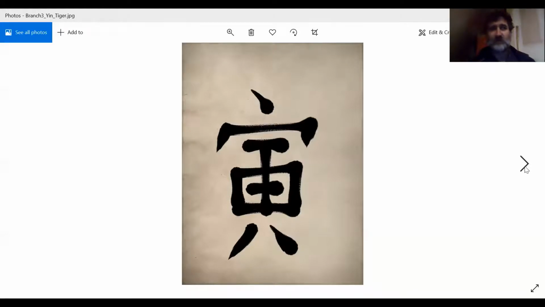Tiger is characterized by stripes. So on one hand, tiger really wants to rise up, but on the other hand, tiger is freshly emerging qi. It also has this kind of dark aspect to it.